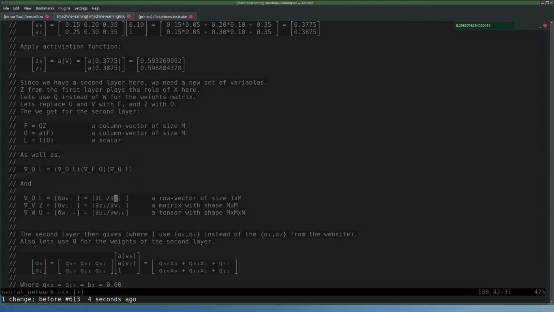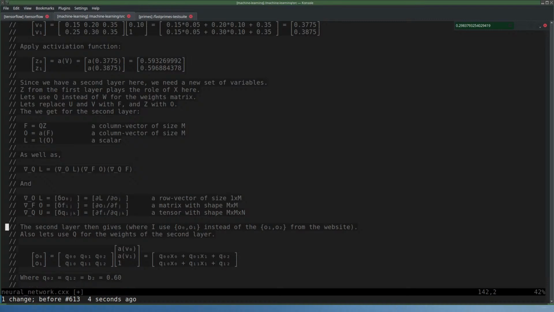V is replaced with F. Z was replaced with O. V was replaced with F. Z was replaced with O. V was replaced with F. W is replaced with Q. U is V. W is Q. The second layer then gives us, where I use 001 instead of 012 from the website.